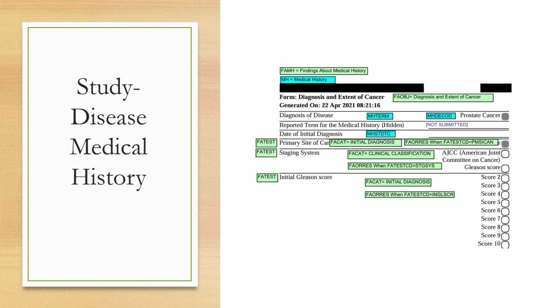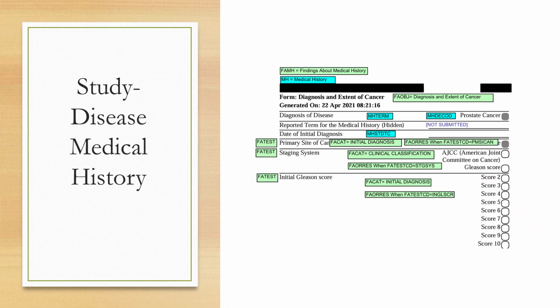prostate cancer. So here, since this is the disease which we are investigating in our trial, and the subject enrolled is also a subject who already has this disease, we want to capture the history of this disease the subject has. So what we are capturing is the date of initial diagnosis.